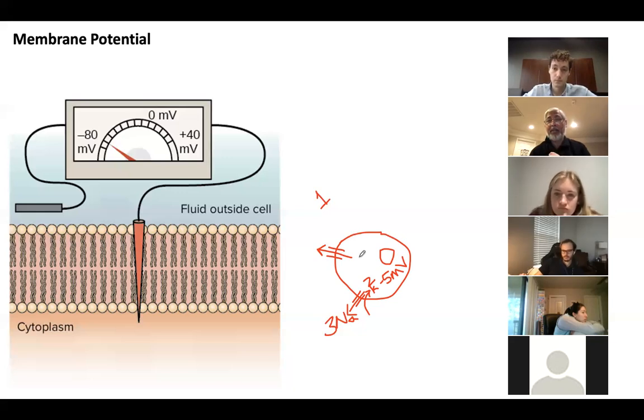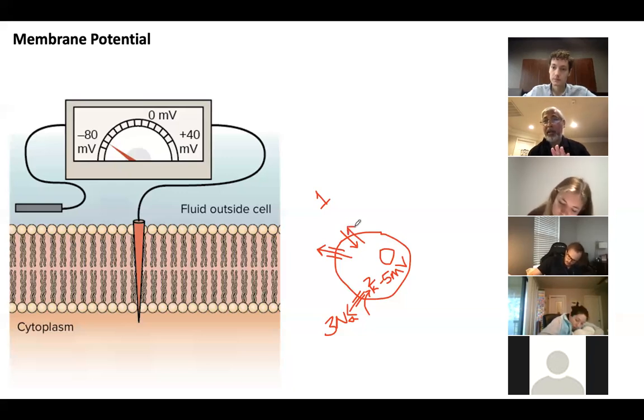Potassium is a positive charge. Now, if the potassium goes out, that will create even more negativity inside, right? So electrical potential will try to bring potassium in, right? Through the same channel. So I now have two forces. One is the electrical force that is pulling in potassium, and the concentration gradient that is pushing potassium out.